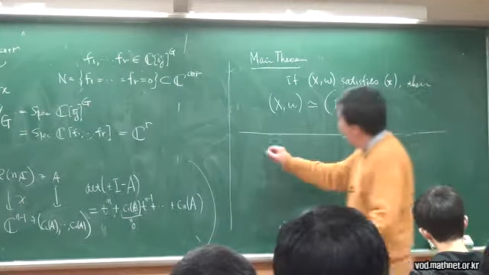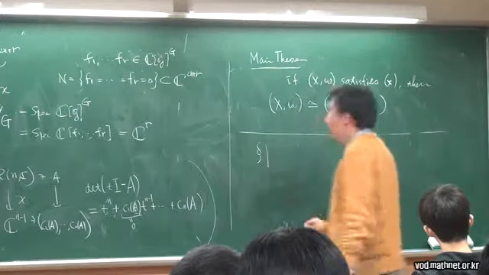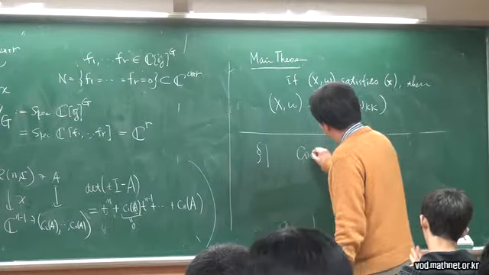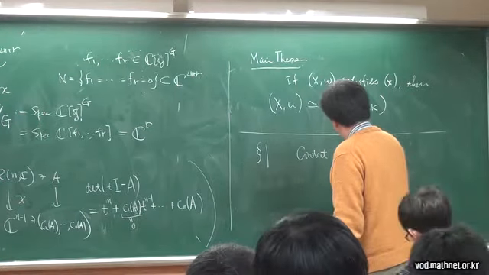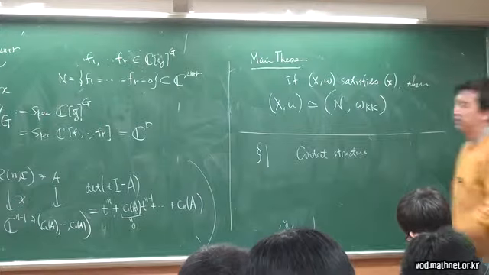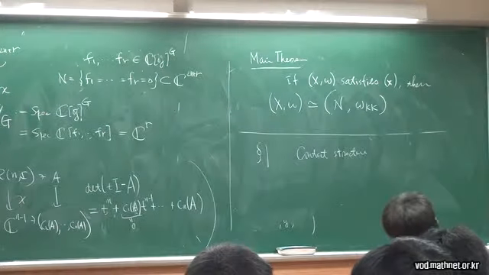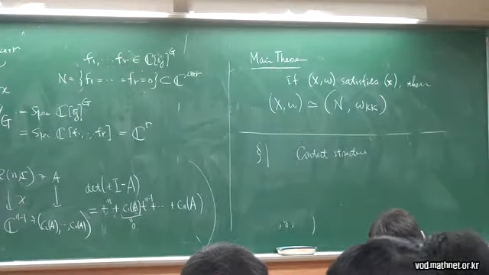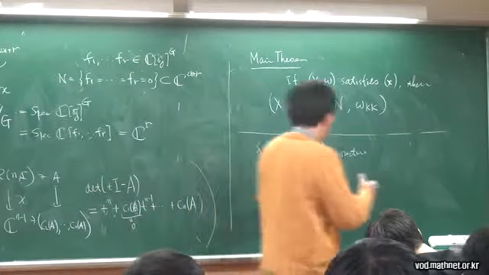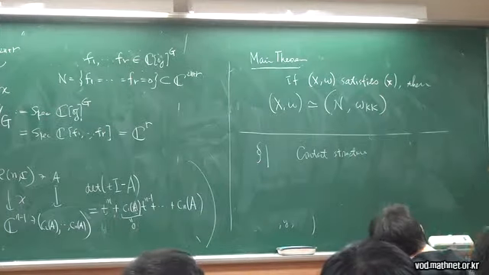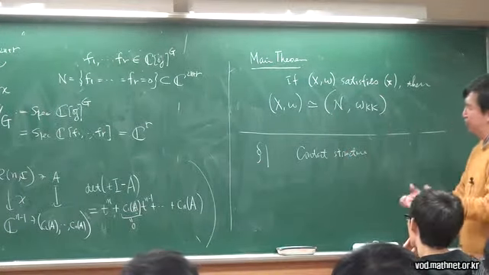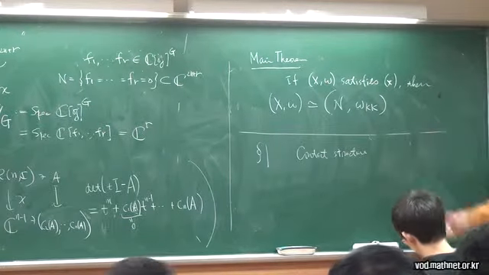So first we start with contact structure. So contact geometry. What is the contact structure? As you know, symplectic structure is closely related with contact structure. And I want to explain the relationship between the symplectic structure and the contact structure.